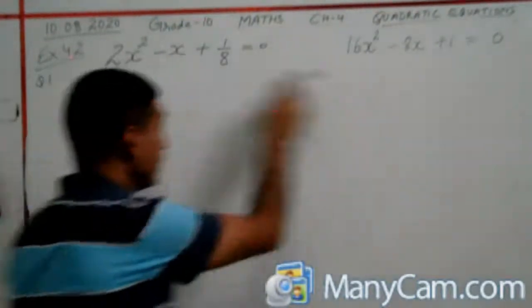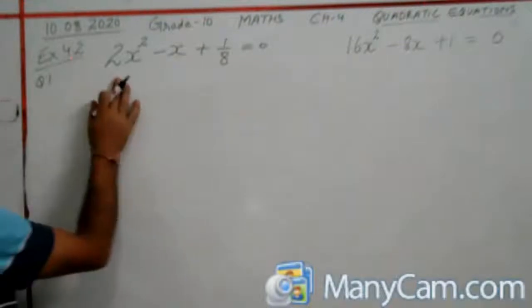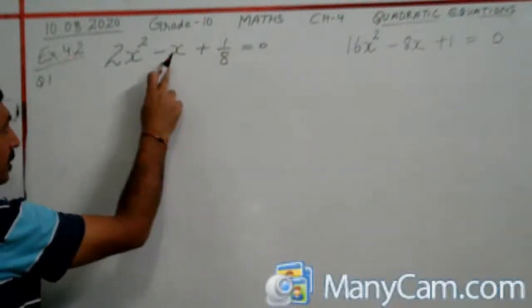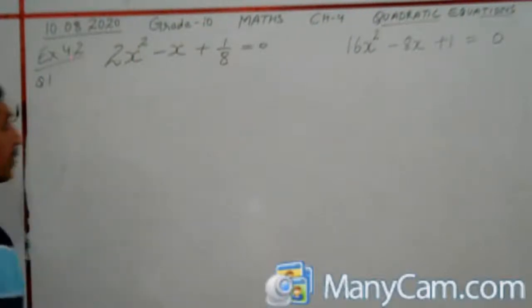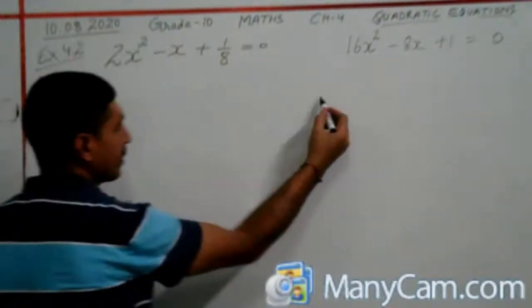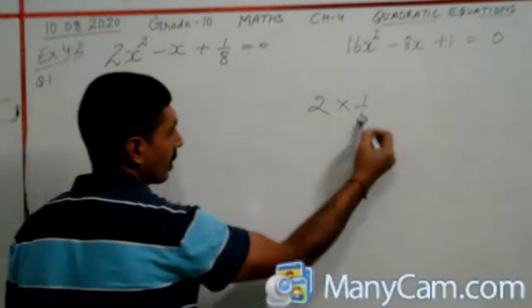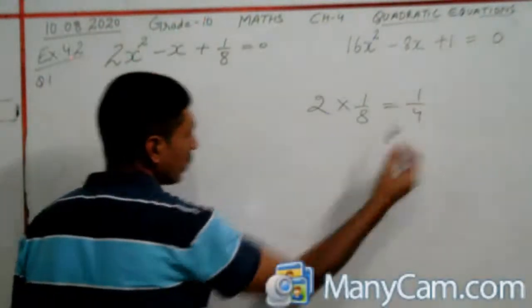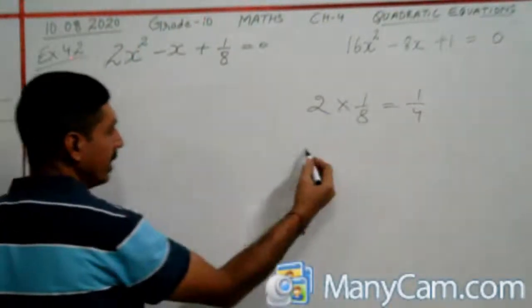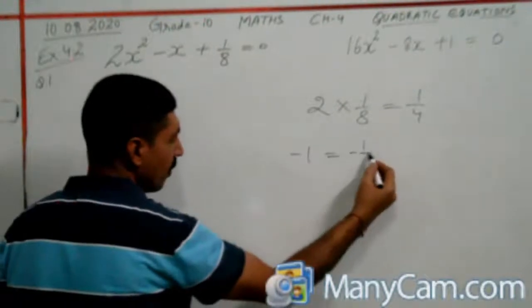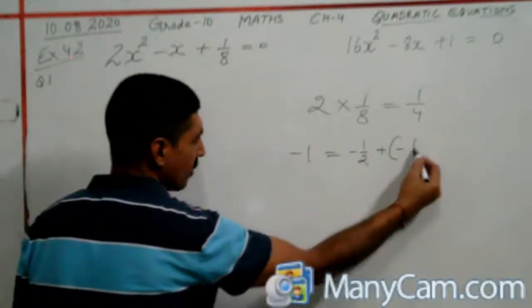And it is very easy. So before that, let me start here. What is a into c? It is 1 by 4. And here, the middle term can be written as minus half plus minus half.